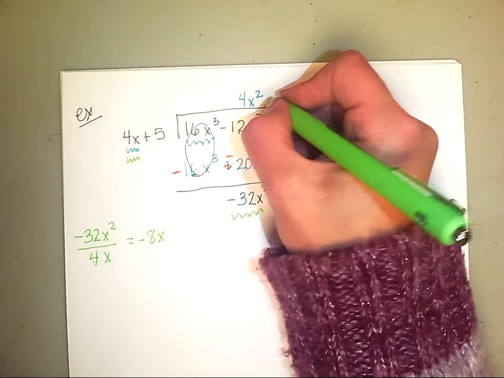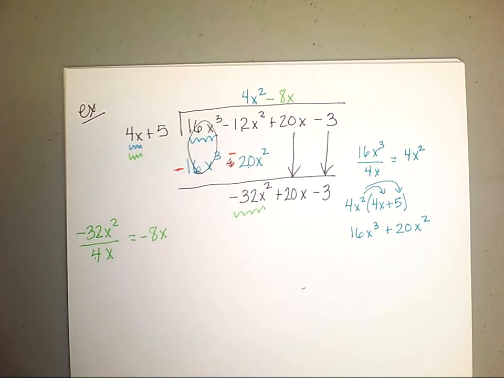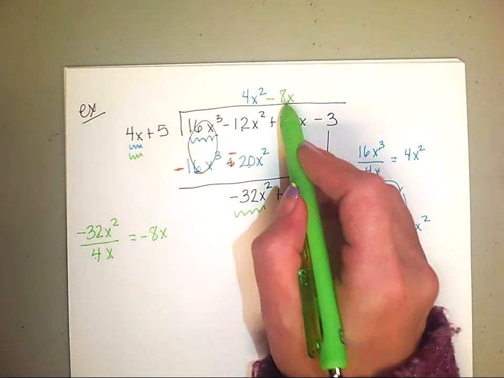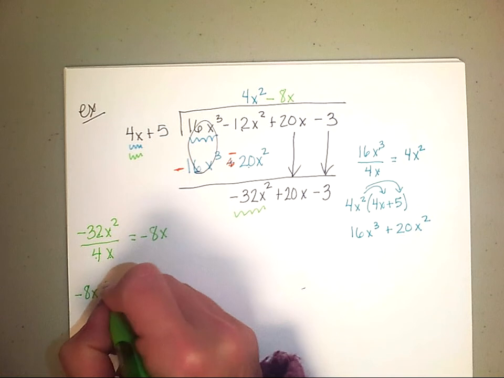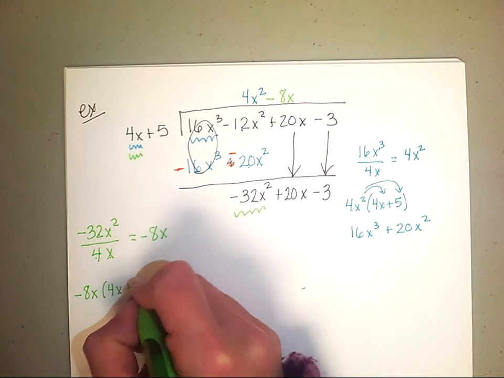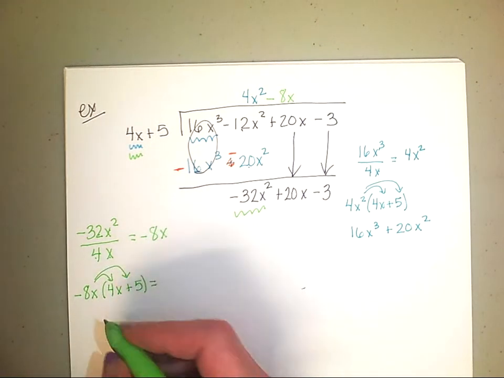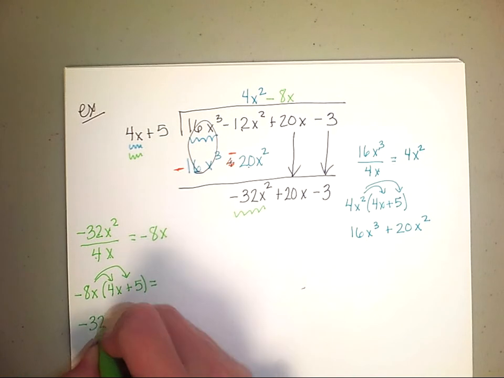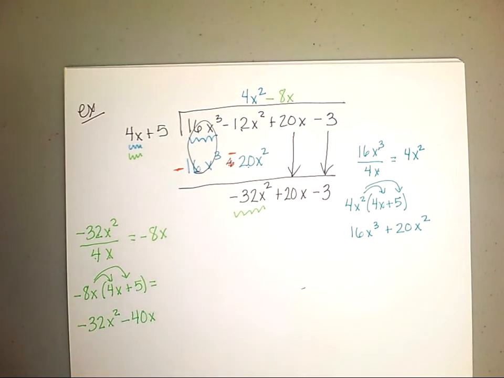So this negative 8 becomes subtracting 8x, and then we'll have to take this times this. So negative 8x times 4x plus 5, distributing this through, is negative 32x squared minus 40x.